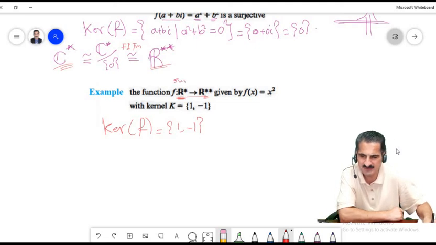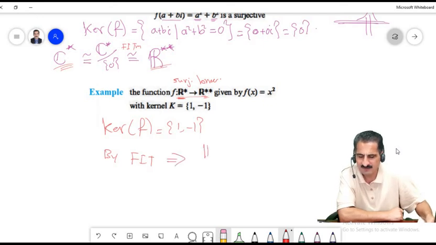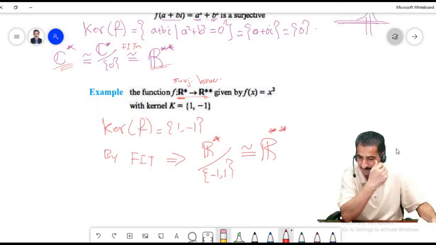So by the first isomorphism theorem, we will have R star, the quotient group where the subgroup is -1 and 1, is isomorphic to R double star.